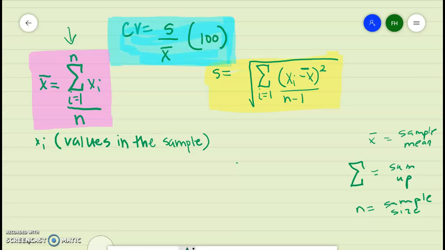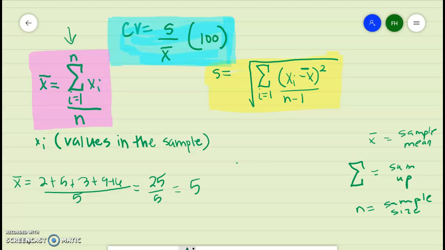So let's do that real quick. I believe the first mean you have is 2 plus 5 plus 3 plus 9 plus 6, and the sample size is 5 because you have 5 values, and you end up getting 25 over 5, which is 5.